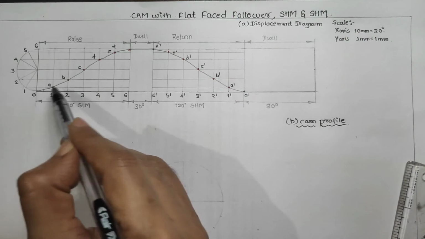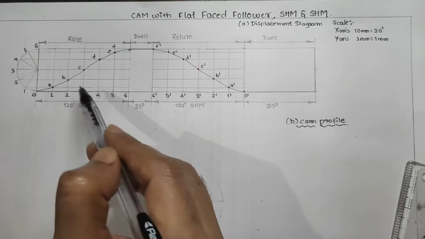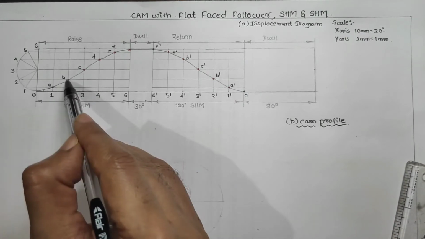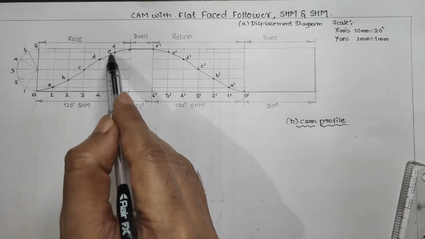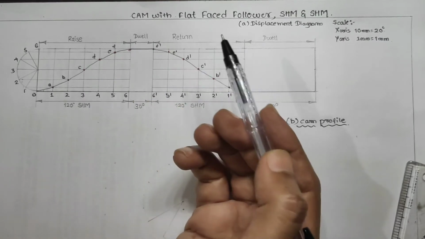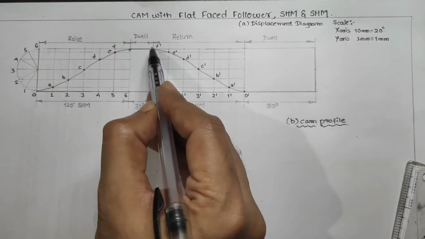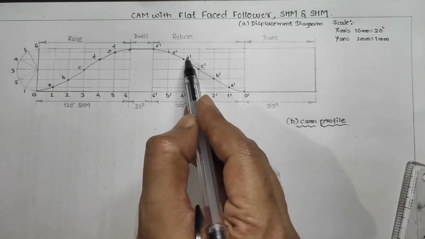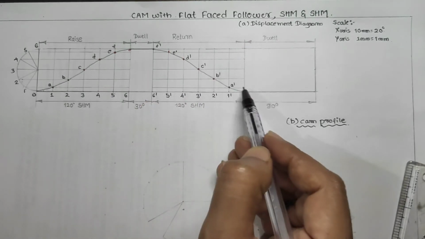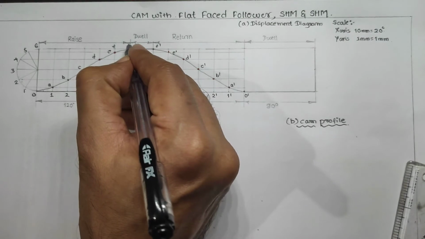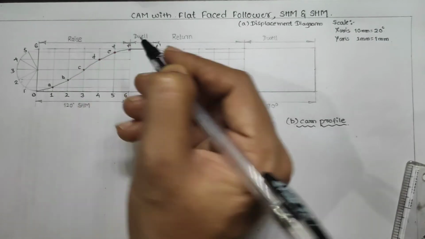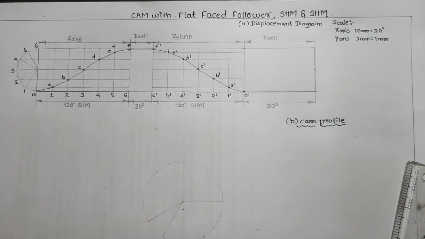Then where the projections meet, note them as B, C, D, E and F, and from there F dash, E dash, D dash, C dash, B dash, and here you are going to come. So you will be getting these projection points.